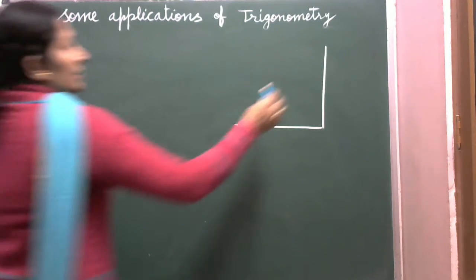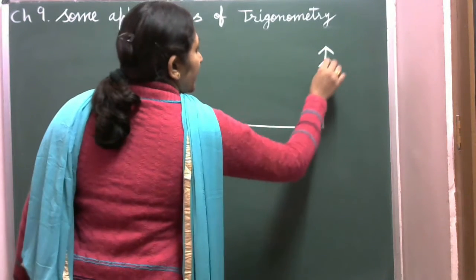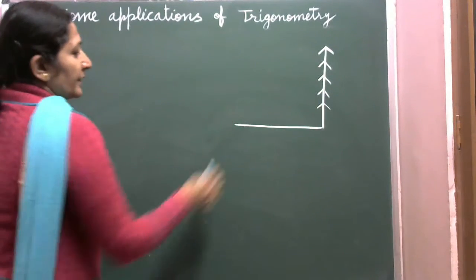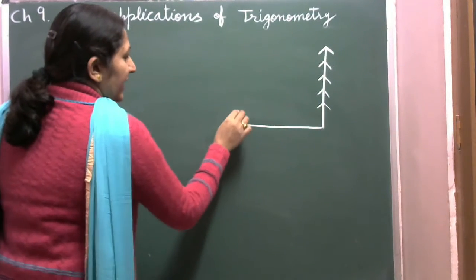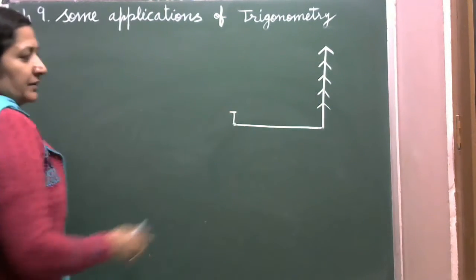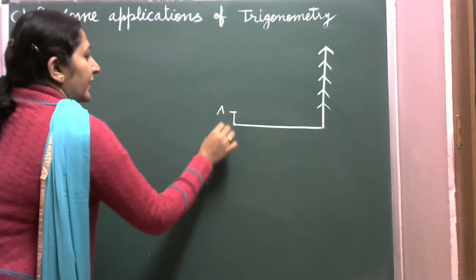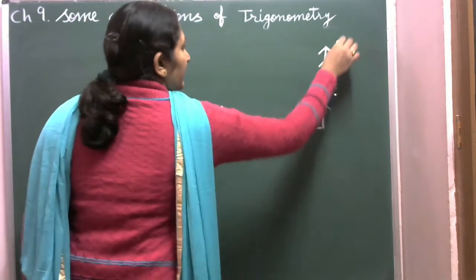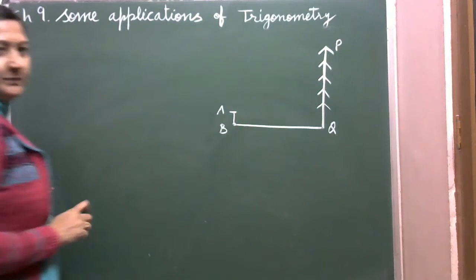So here, let us suppose there is a tree at a certain height and one person is standing here, AB, and the tree is PQ.